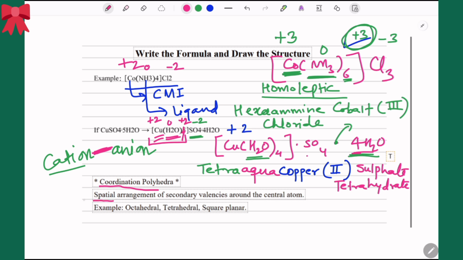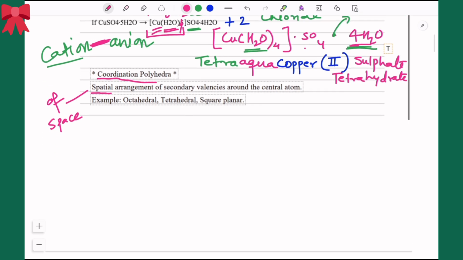We write like spatial. What is the meaning of spatial? It's an adjective, so it means of the space, okay? So how in the space you're going to arrange these secondary valencies? How are you going to arrange these ligands? Whenever these ligands are arranged around the central metal atom or ion, they will be definitely arranged in some pattern, some geometry. So that particular geometry is called as polyhedra, okay?